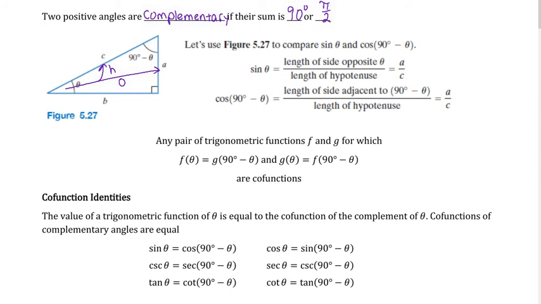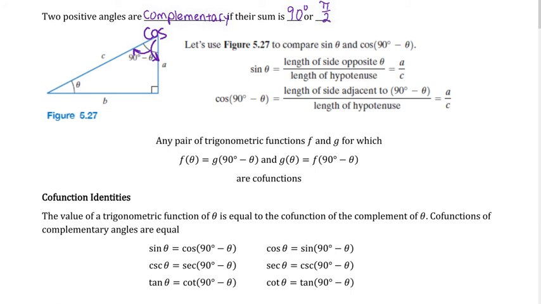Because we have a right triangle and these two angles are complementary, since we have that angle theta, our other angle has to be 90 minus theta, because those two angles have to add up to 90 degrees. Then the cosine of this angle is equal to the ratio of the adjacent over the hypotenuse.